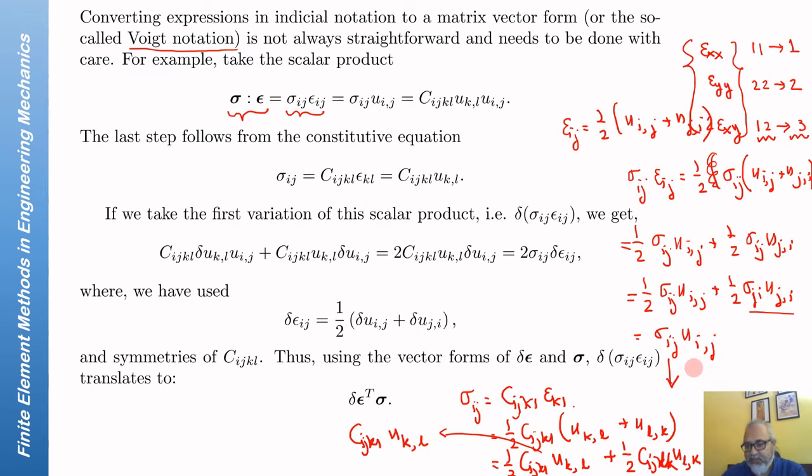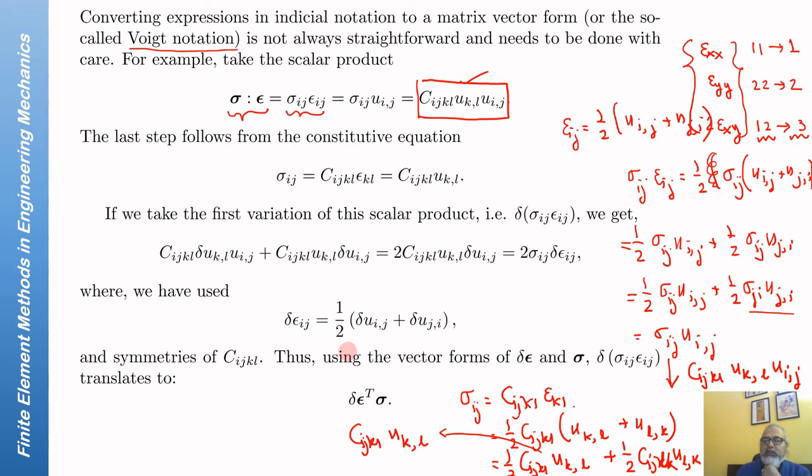So I will replace this with Cijkl uk,l ui,j. This is what I have written here, and this is what I get from doing this rather long but straightforward tensor manipulation.